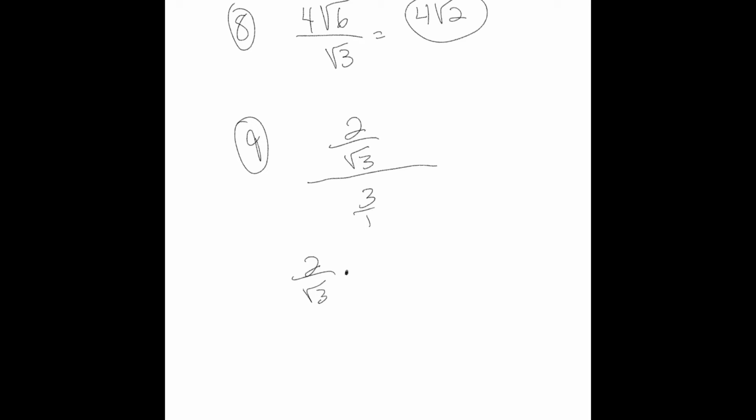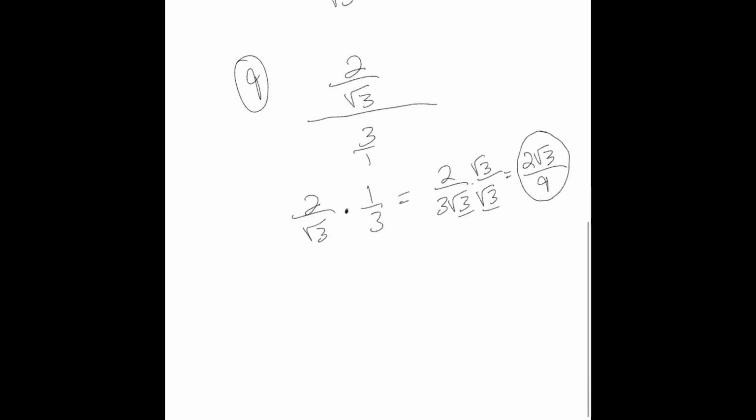So you're multiplying by 1/3. And that gives me 2 over root 3 times 3. That's 3 root 3. And then get rid of the root, so that's root 3, and that gives me 2 root 3 over, okay, so root 3 times root 3 is 3, times the 3 is 9. So you may see something like that on the worksheet where you have to divide fractions.